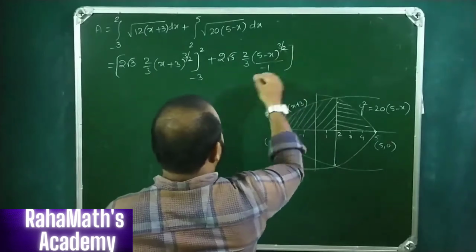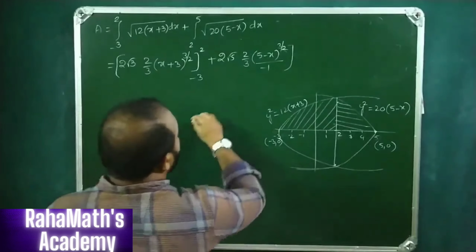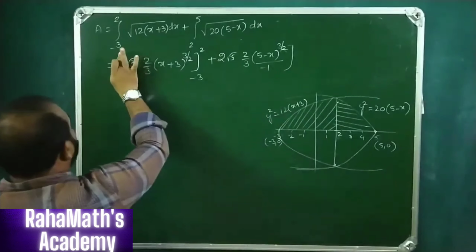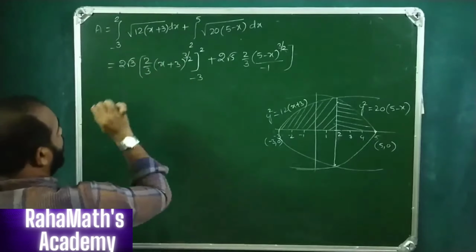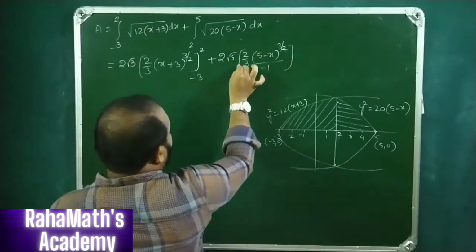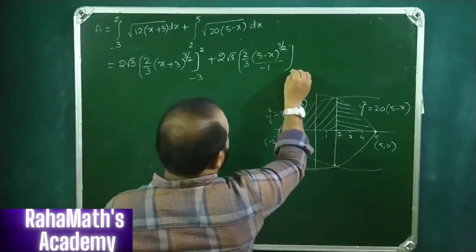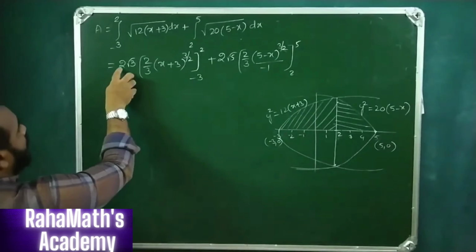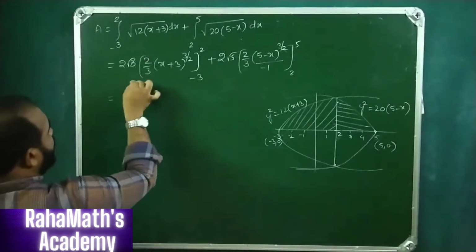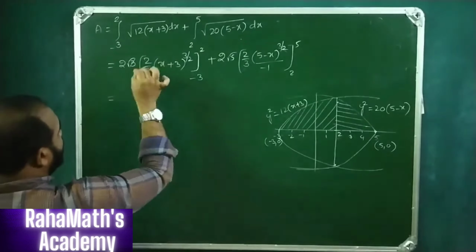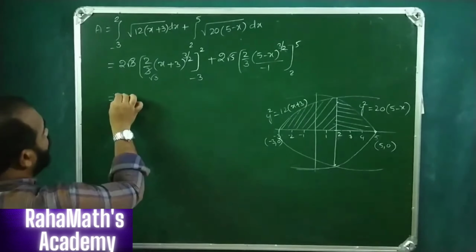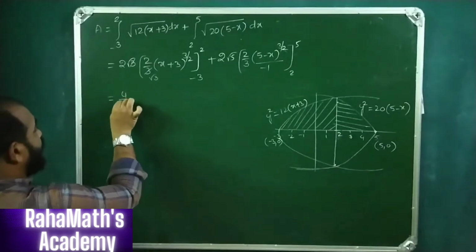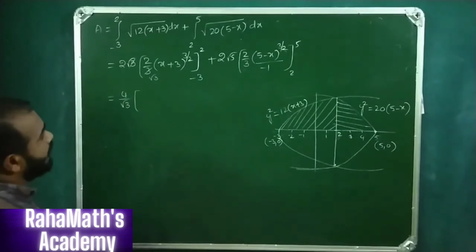Here I will write, since the process of integration is over, 2 to 5 is to be written here. Now this root 3 cancelled with this root 3, so 2 2s are 4 by root 3. Now apply the upper limit.